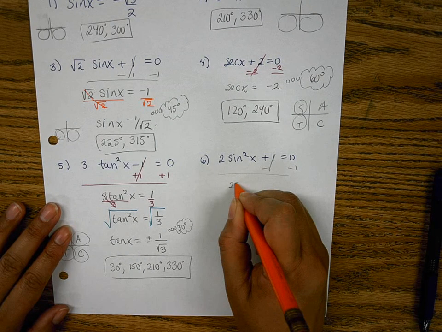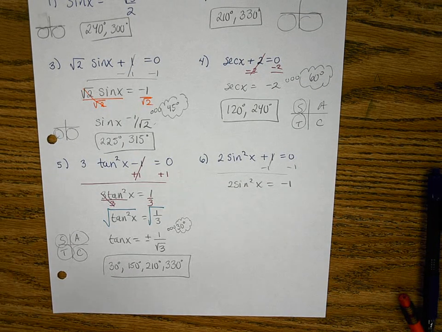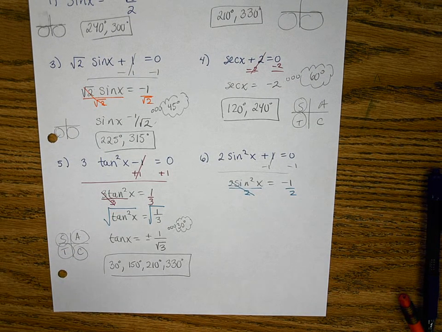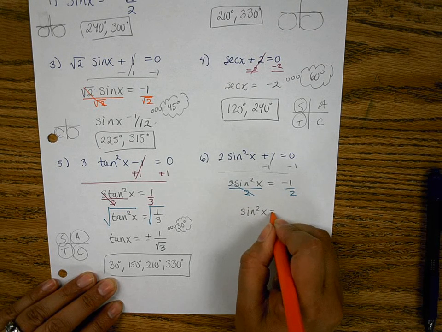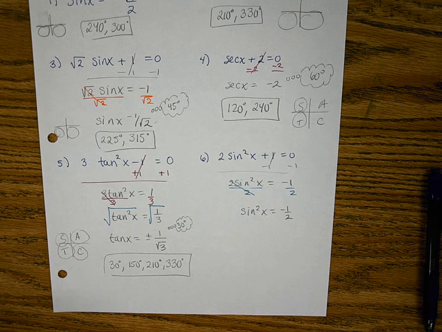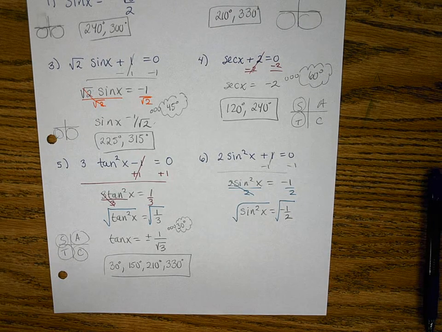Okay, subtract the 1. 2 sine squared x equals negative 1. Divide both sides by 2. Sine squared x equals negative 1/2. Square root both sides.